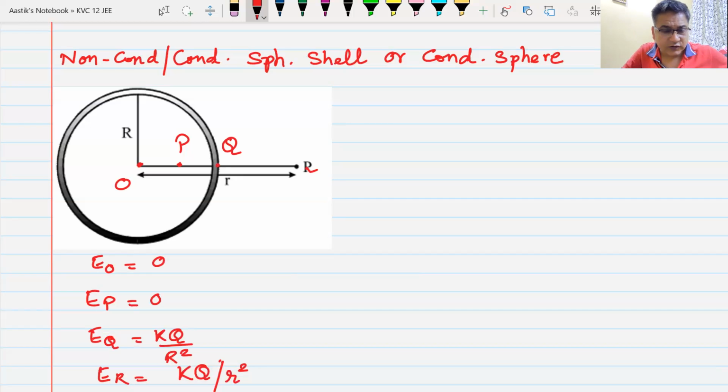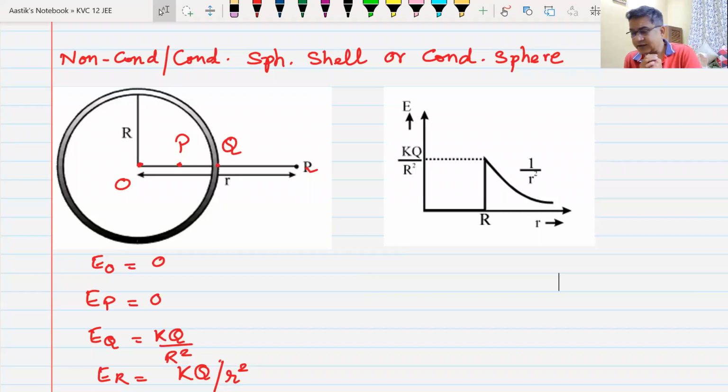Do you know the graph of this one? This graph has come many times in many exams. So remember the graph. And the graph looks like this. Inside the sphere, inside the shell, it is 0. Electric field is maximum on the surface. After that, it goes down like this.